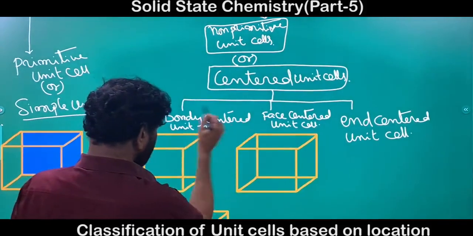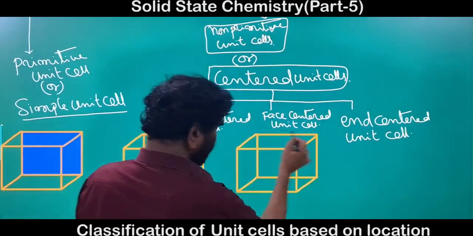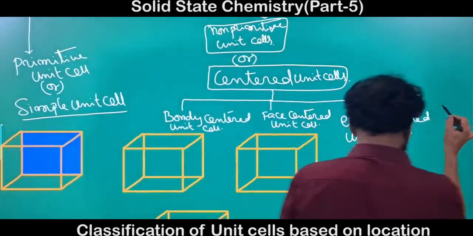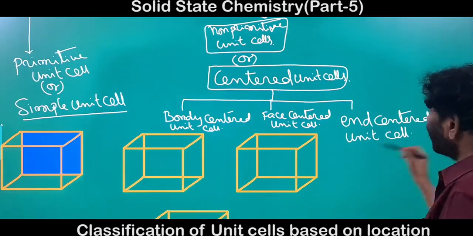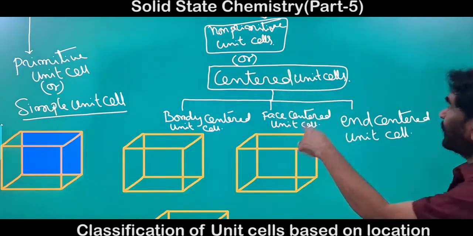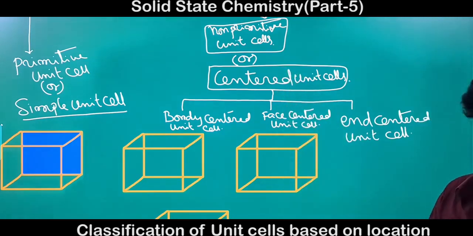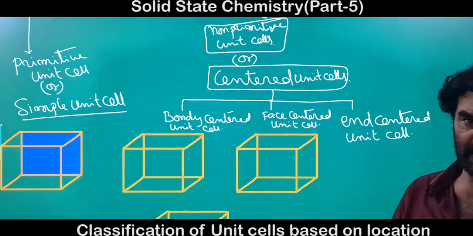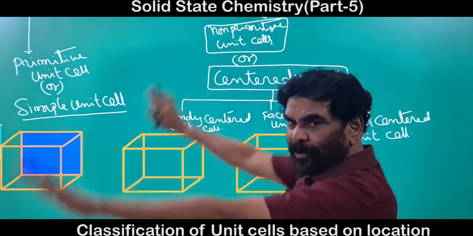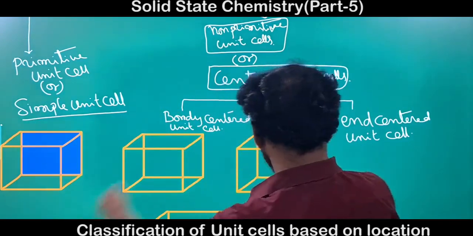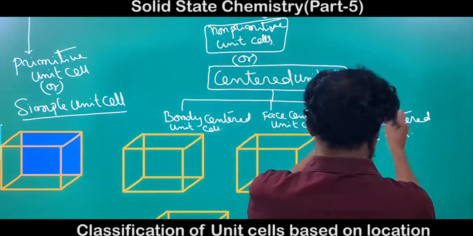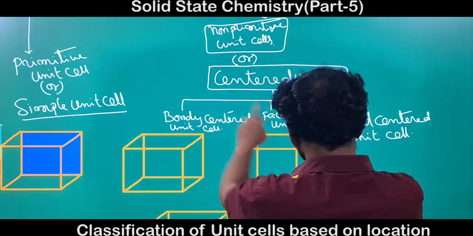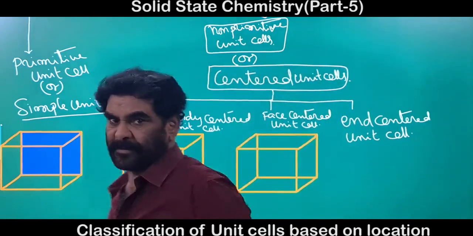This is the body centered unit cell, face centered unit cell, and end centered unit cell under the centered unit cell category. Simple unit cell is only one, and that is this. There are three types of centered unit cells.